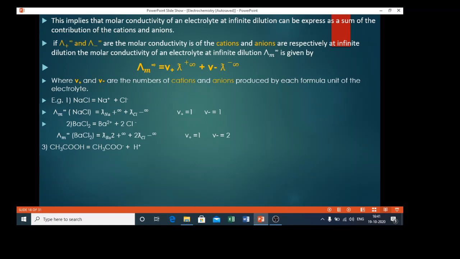This implies that the molar conductivity of an electrolyte at infinite dilution can be expressed as the sum of the contributions of the cations and anions.